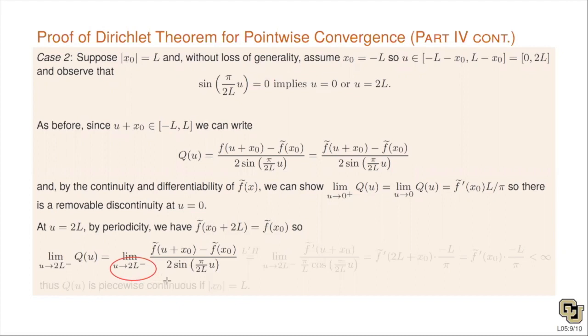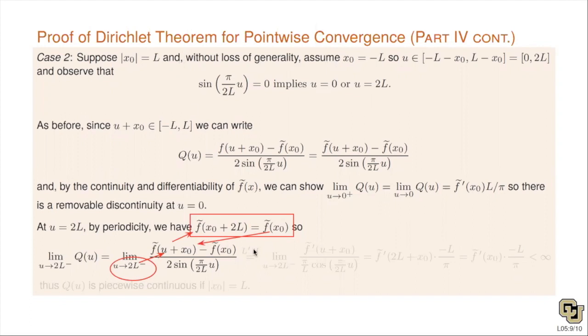Here, u becomes 2L, so that becomes f tilde of 2L plus x naught, which equals f tilde of x naught. So I get f tilde of x naught minus f tilde of x naught in the numerator, which is 0, and 0 in the denominator. So I can use L'Hopital's rule.